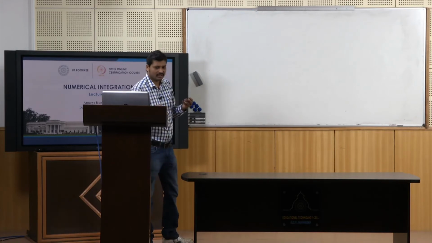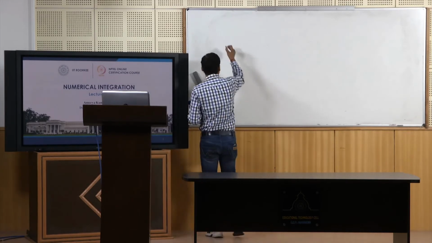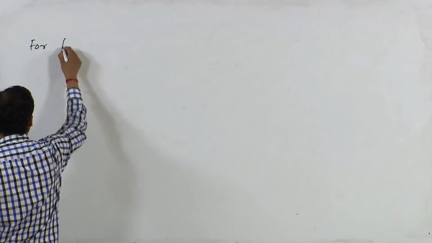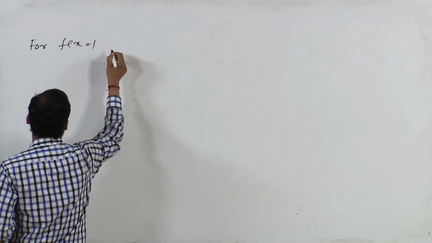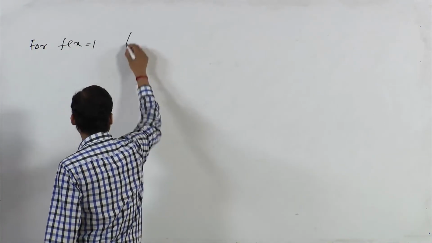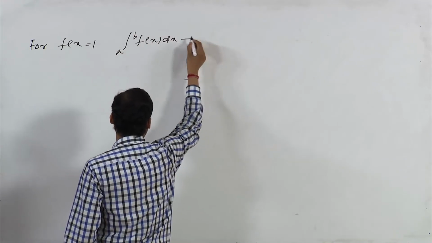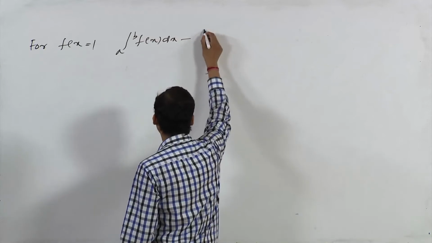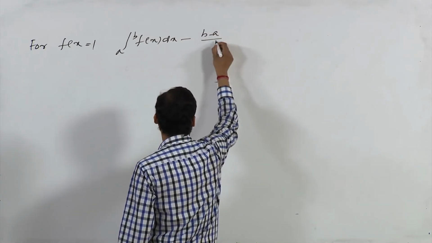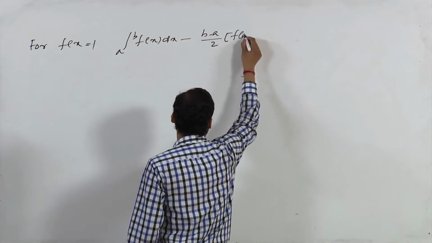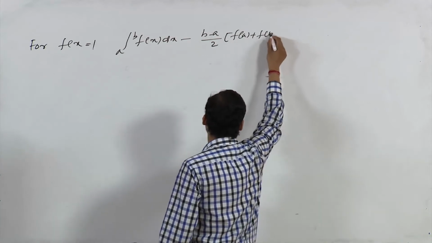Suppose f(x) equals 1. Then we can express the integral from a to b of f(x) dx minus our formula, minus (b minus a) by 2 times f(a) plus f(b).